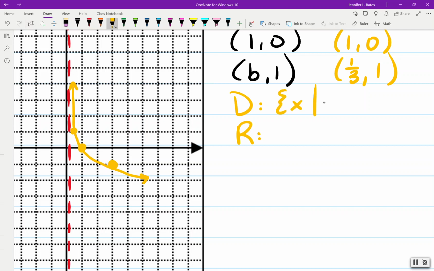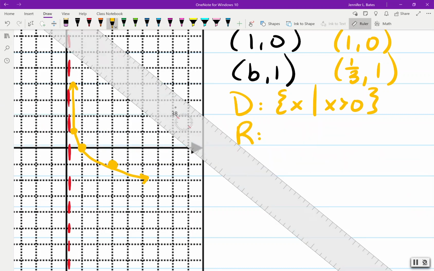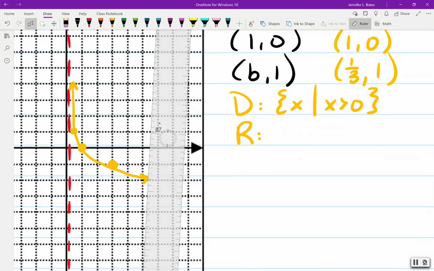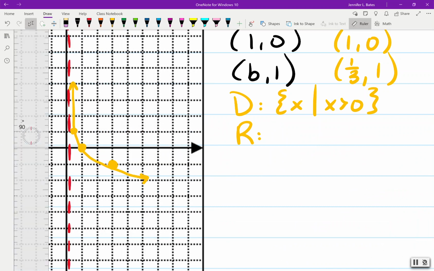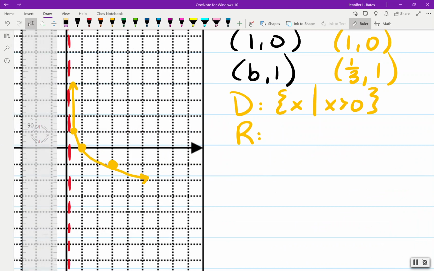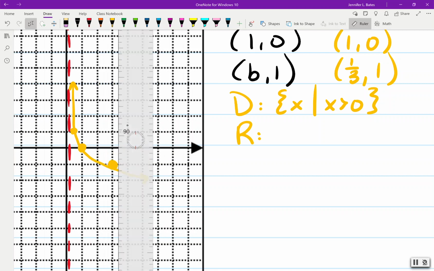Say it one more time. X is what? Not less than 0, but greater than 0. Because if we take our ruler, the numbers that are less than 0 for our x's are over here. So x is less than 0 is over here, so we want x is greater than 0.